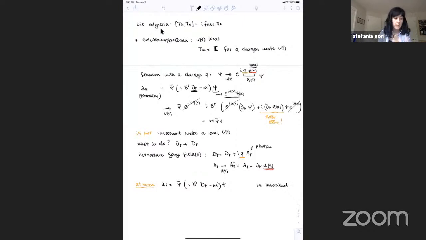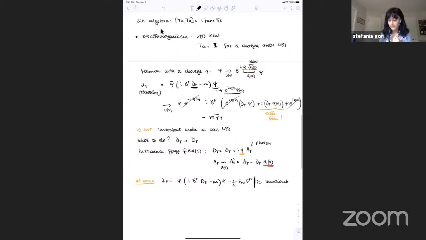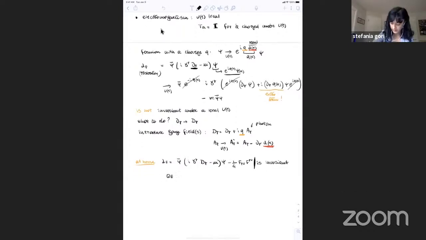And actually, I can even add an additional term, namely the kinetic term of the photon, so this F mu nu, and then again, we can see that the full Lagrangian is invariant. Okay. So we wrote down all the possible terms of our EM Lagrangian that are invariant under this local U1 symmetry. Okay, so this is our QED Lagrangian.